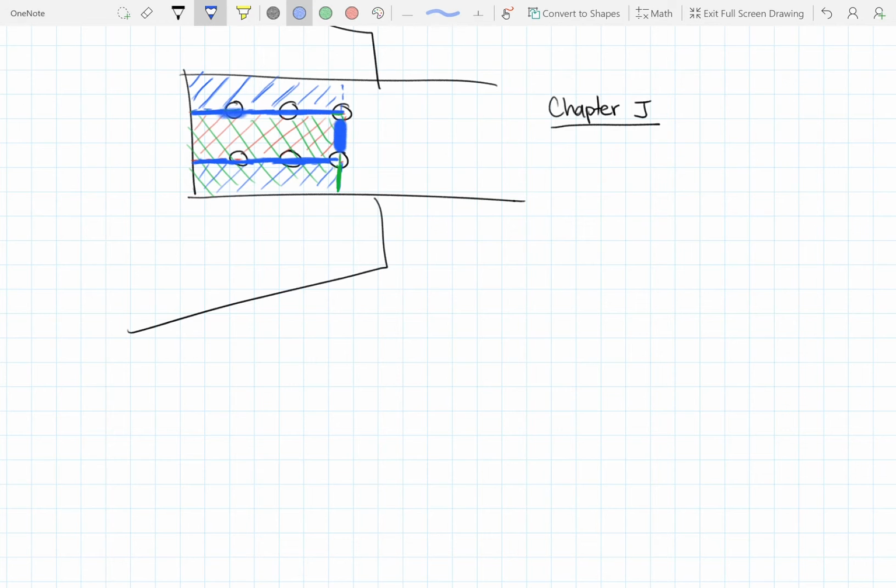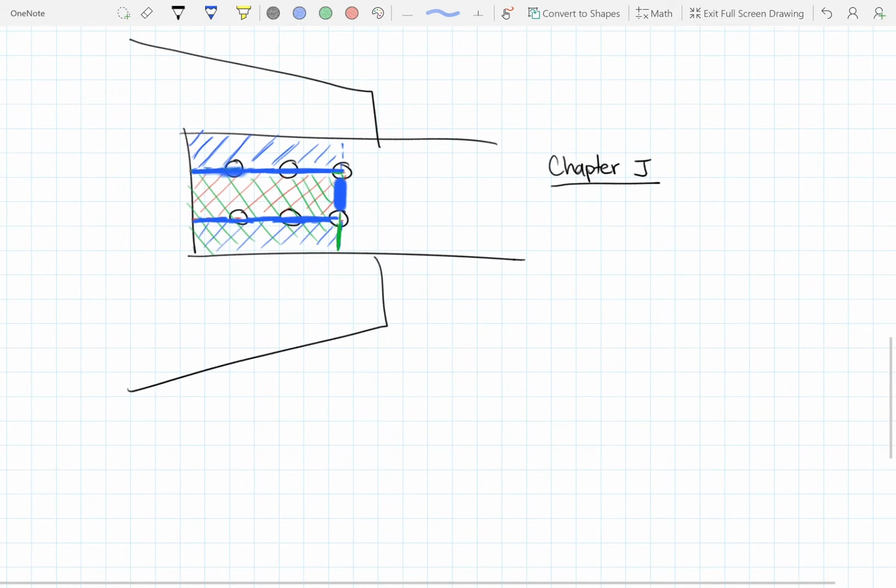You never use that in Chapter J. You only use the net tension area. Sorry, I think I said that wrong. You don't ever calculate a gross tension area. You only use the net tension area in your calculations. So once again, you'll have to find the area of these, multiply them by FU or FY, respectively, based upon the equations, and you can come up with your capacity for block shear.